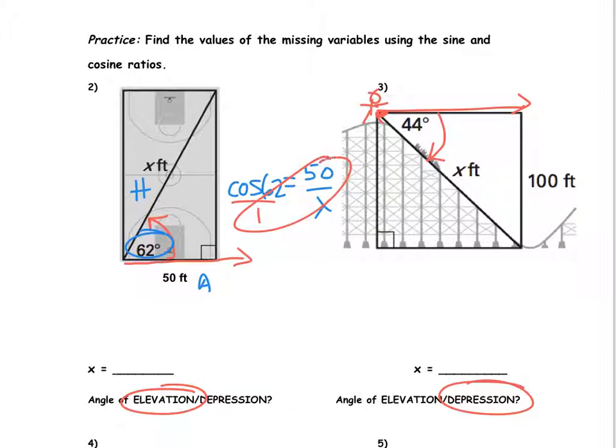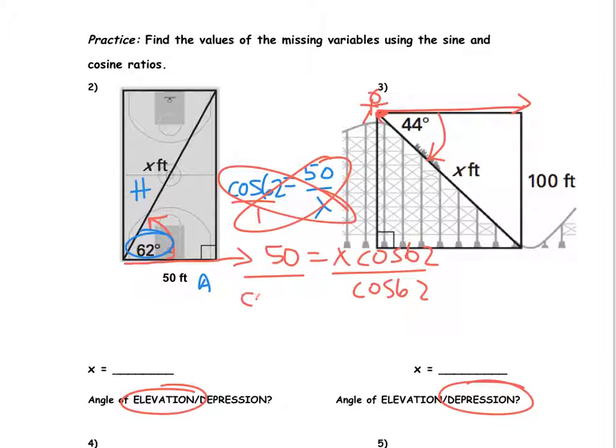Cross multiply. 50 equals x cos 62. What do I do with the cos 62? Divide. So we're going to type in 50 divided by cos 62.